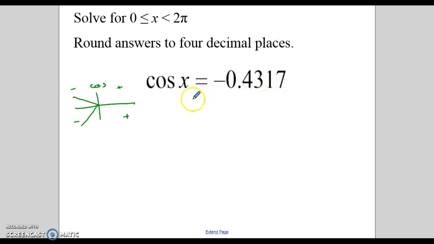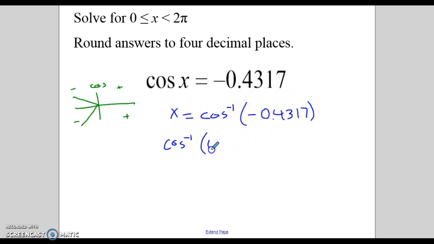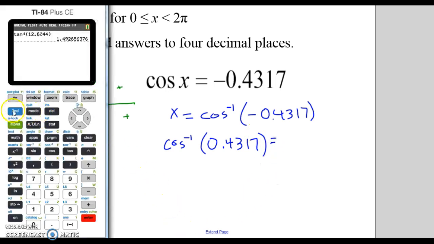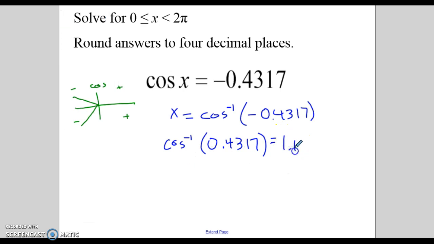Now, if I solve this equation, I do inverse cosine of negative 0.4317. And if you follow the directions that I gave you, instead of typing this in, you're going to make that number positive and type that in instead. And when you do that, you get inverse cosine of 0.4317, and you get that answer right there, 1.1244.